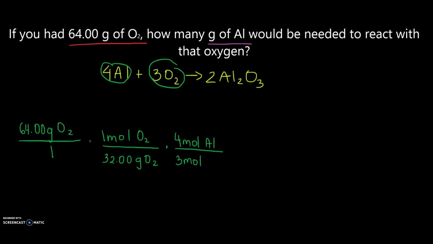And then we will be going through the next pathway, which is molar mass over 1 mole, in order to cancel out all the units, which later on we will check. So 26.98 grams of Al in 1 mole of Al.